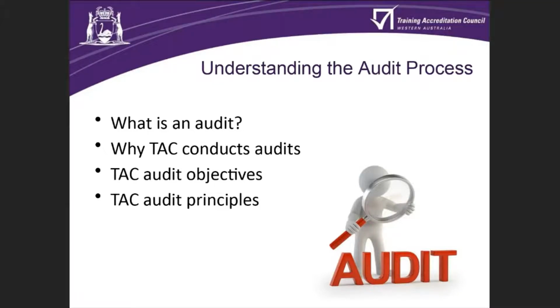And we have to make a bit of a judgment and a bit of a crystal ball gazing activity when it's an application for an RTO. But generally speaking, we can get a good feel from the evidence that you provide whether or not the likelihood is that you will actually be able to implement and deliver the training and assessment that you are hoping to provide, and it will be a quality training organisation.